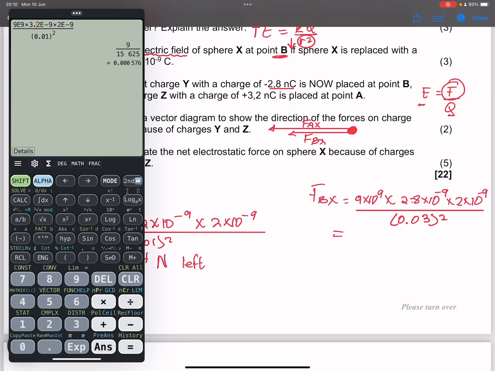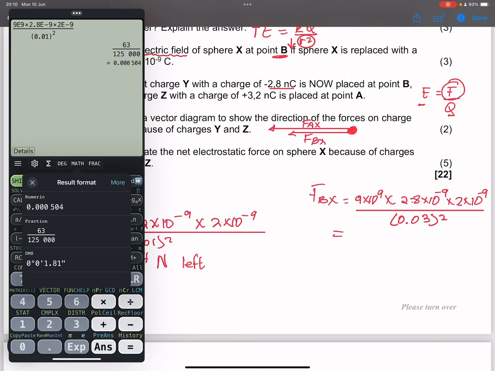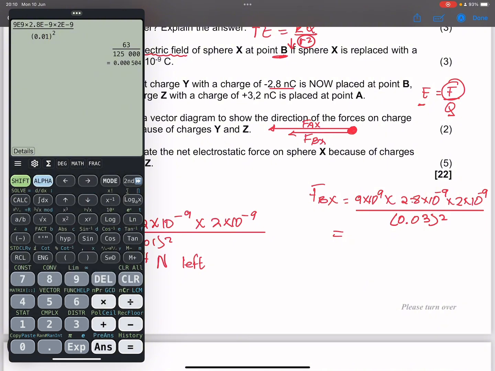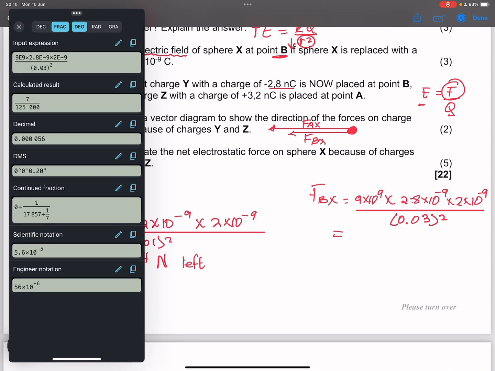I'm just going to change a few values at the top. Okay, so that's 2.8. And remember the distance between B and X is 0.03. Right, so again, let's find that in scientific form. That's going to be 5.6 times 10 to the negative 5. Okay, and remember that's newtons. They are in the same direction, so also to the left.